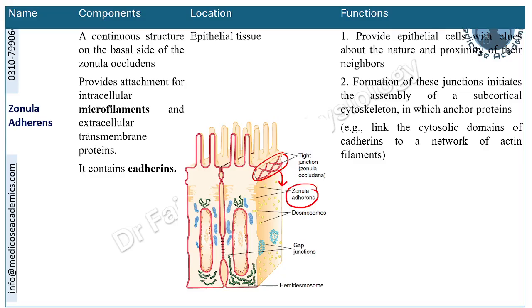This zonula adherens provides attachment to the intracellular microfilaments. If you remember from the cytoskeleton, microtubules, microfilaments, and the intermediate filaments. The microfilaments are formed from actin, and zonula adherens involves these microfilaments and some extracellular transmembrane proteins.